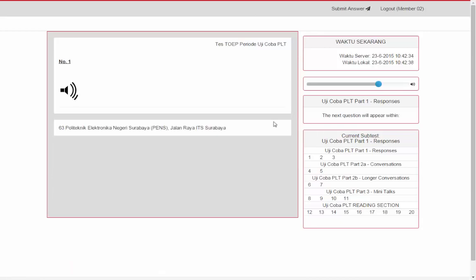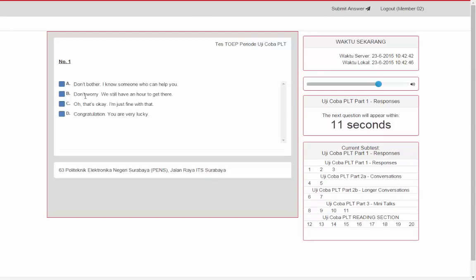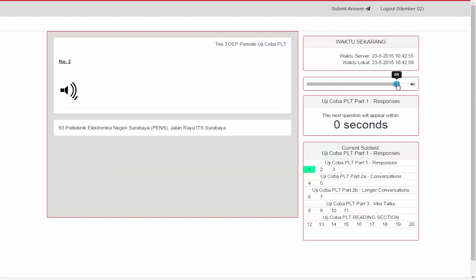Number 1. I need $400 for my tuition fee, but the bank has turned down my application for a loan. Number 2.